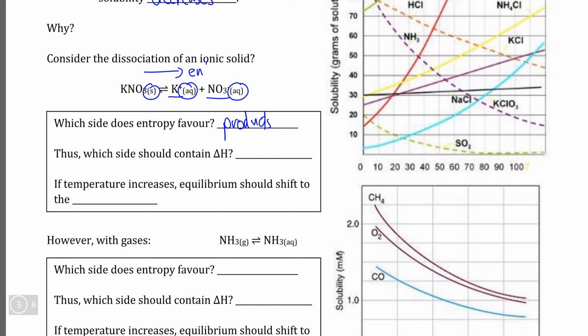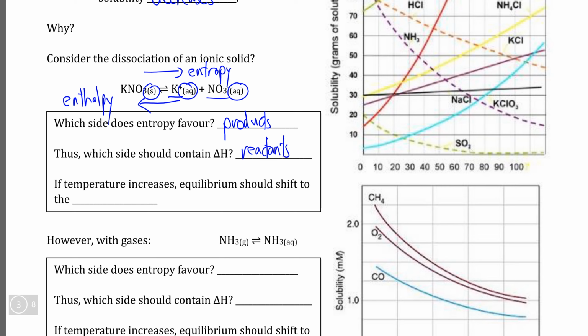So therefore, if entropy favors the creation of products and we have an equilibrium system form, that must mean that enthalpy must favor the formation of the reactants, and therefore we would expect that delta H exists in the reactants.